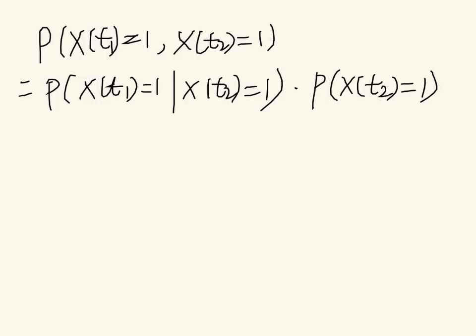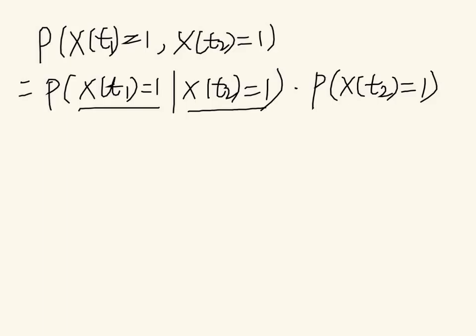We know this means the points between 0 and t2 is an odd number, and this means the points between 0 and t1 is an odd number too.